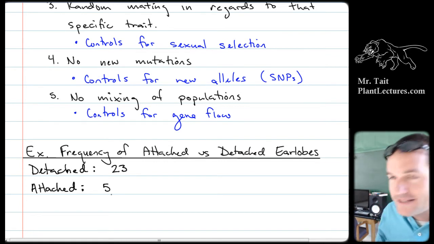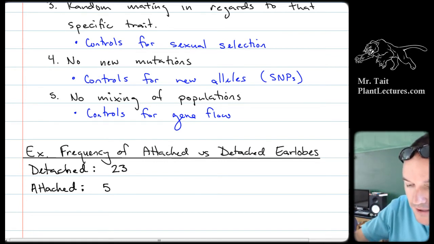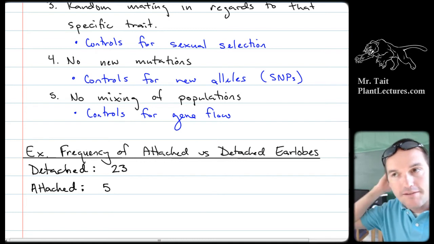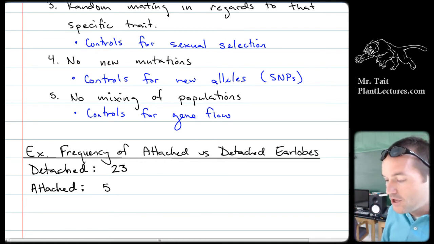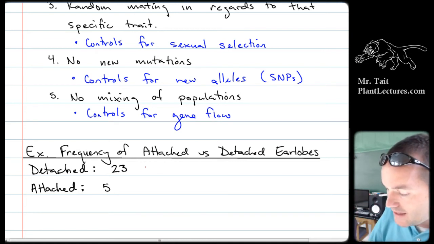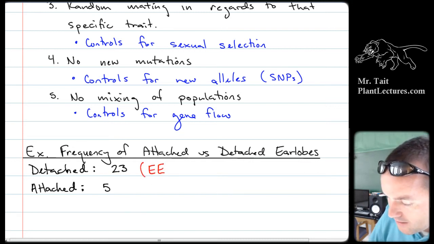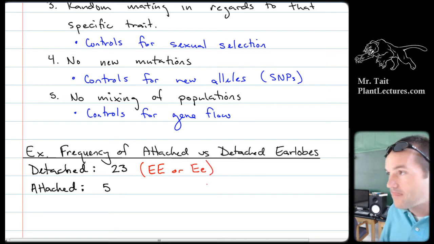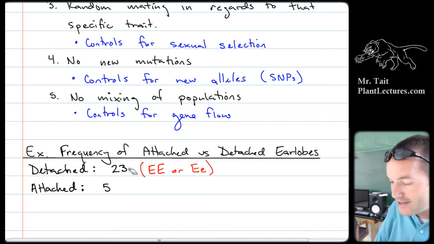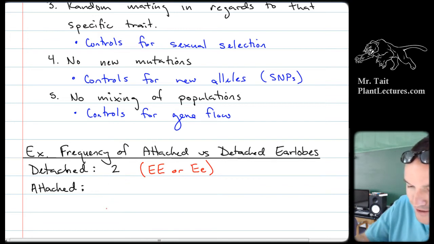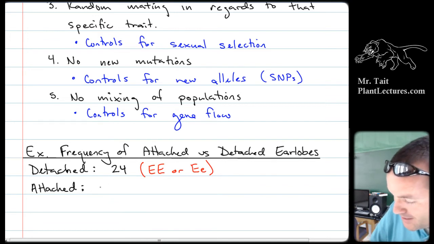So detached earlobes are the dominant trait, obviously. So you can figure that out. That means that the phenotypes are big E, big E or big E, little e. Are they attached? All right, so we'll be 24 and 6. That might help a little bit, but probably not a lot.